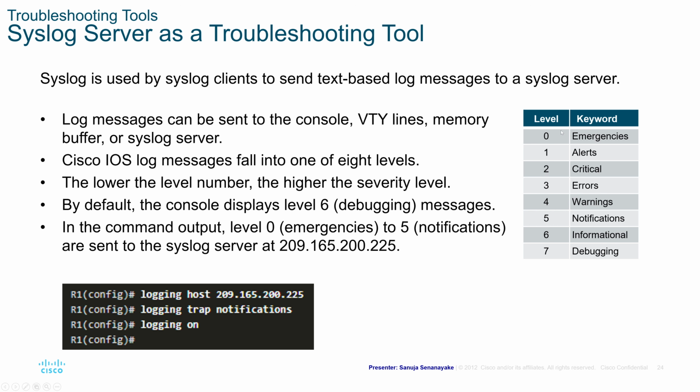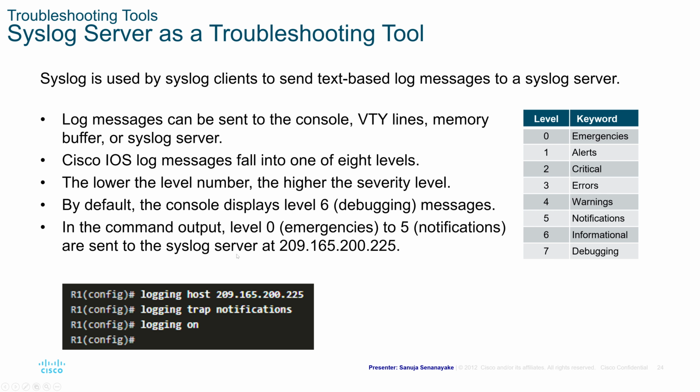So the lower the level, the more important that message is going to be. By default, the console displays level 6 informational messages. Right out of the box, all Cisco IOS devices display the level 6 informational messages, nothing else.